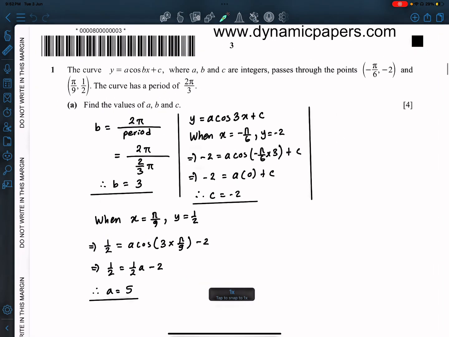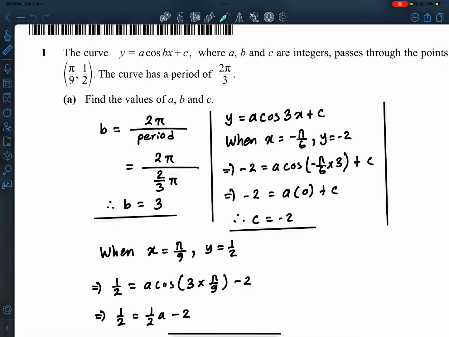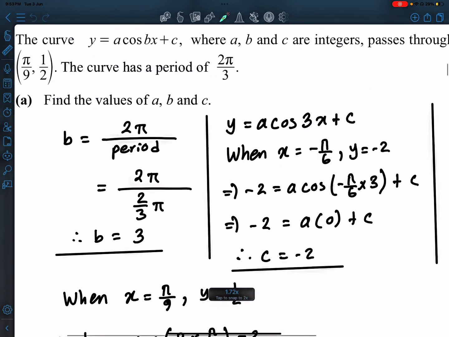Okay, so the first thing that we need to look at is the period. The period is given. We know the formula that the x coefficient is given by b equals 2 pi by period. Or you can write it as b into period equals 2 pi.